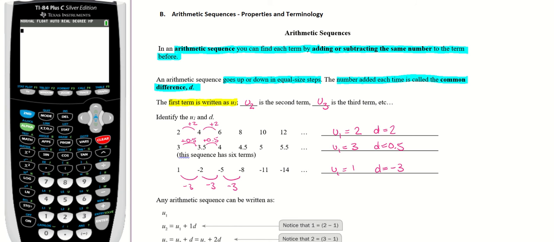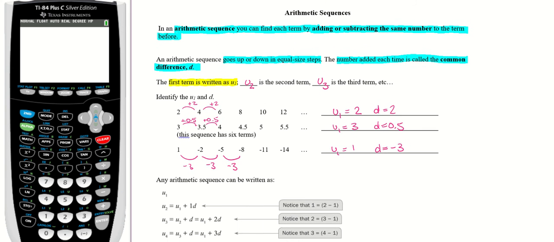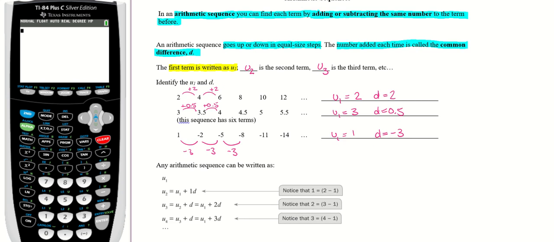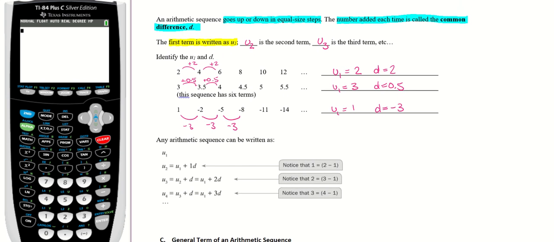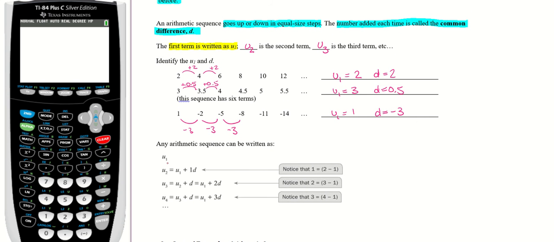It's going to be really important to be able to identify those properties in these patterns, because those properties will be used in the formulas that you'll be applying. In any arithmetic sequence, you end up with this pattern that you see here. To get U2, you take U1 and you add D once.